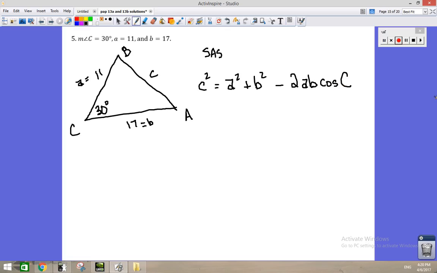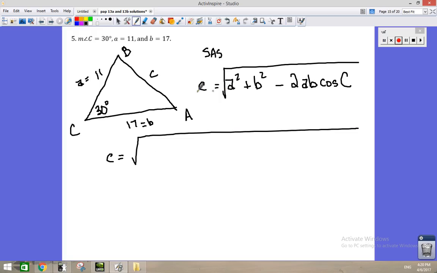Since we're trying to find C, we need to take the square root of both sides. That'll get rid of this square. Now, normally when I take the square root of both sides, I have to introduce a plus or minus sign. I'm not interested in negative lengths. I'm only interested in the positive square root, so I don't have to put a negative sign there. I'm ready for substitution and then jump to my calculator.